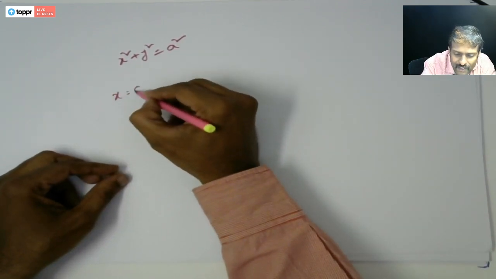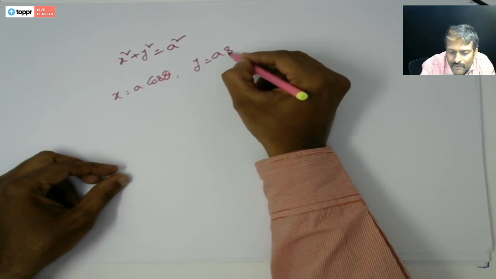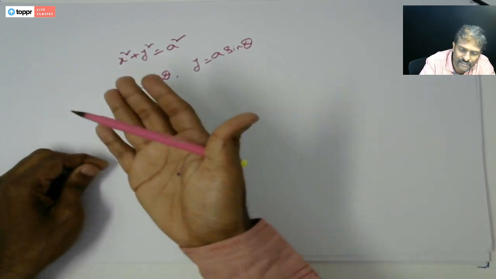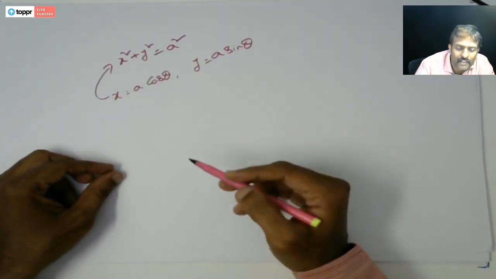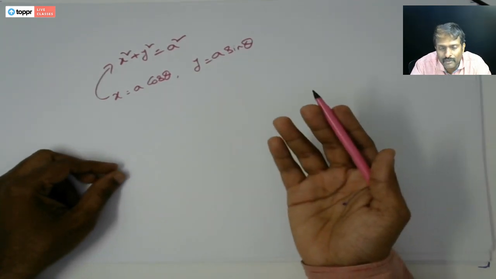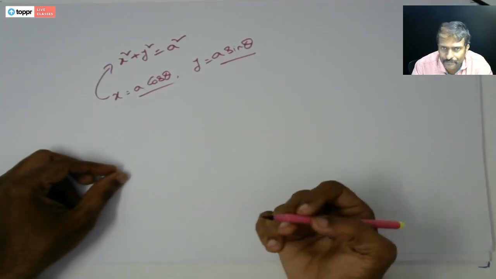I should take x is equal to a cos theta and y is equal to a sin theta. If you substitute this into the equation, you get a square cos square theta plus a square sin square theta, which is equal to a square, right? It satisfies the equation.